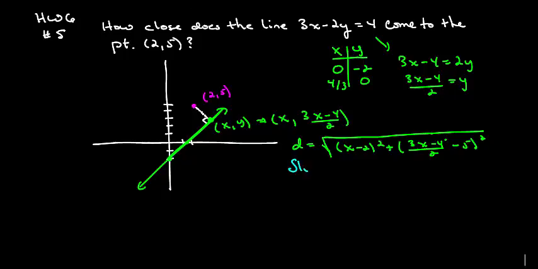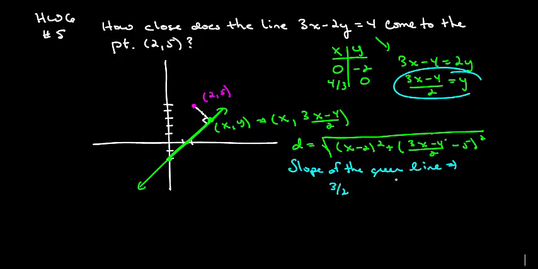Okay, so the slope of the green line is going to be equal to 3/2, right? Because I'm going to get it from right here. So it's 3/2. So that means the slope of the white, that's going to be equal to -2/3.